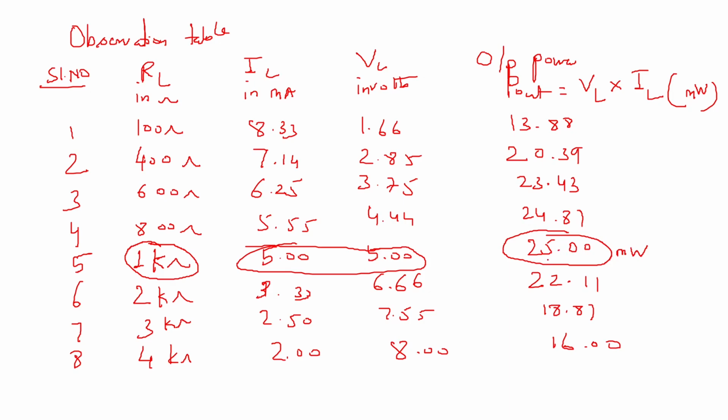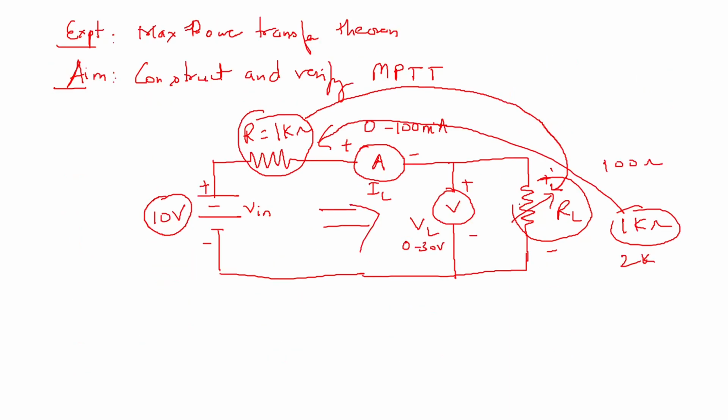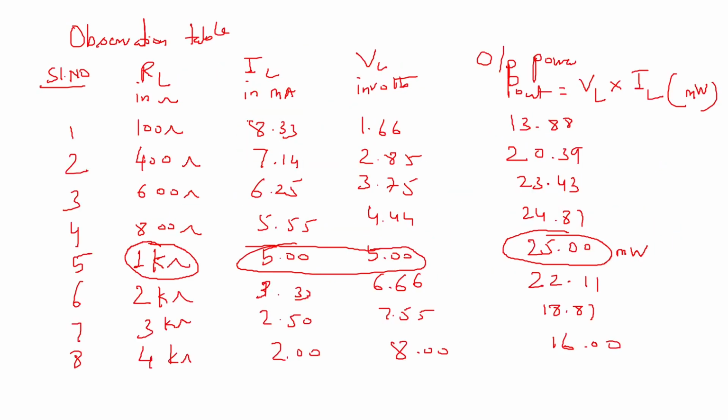So it says that when the load resistance is 1 kilo ohm, that is, when it is equal to the 1 kilo ohm internal resistance of the circuit, then the power reading is maximum. Before that you can see it is less, and after that also it is less.